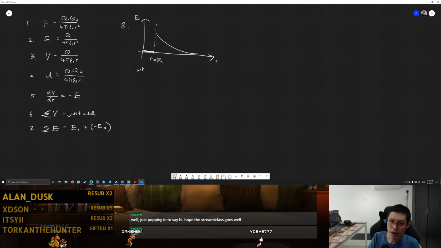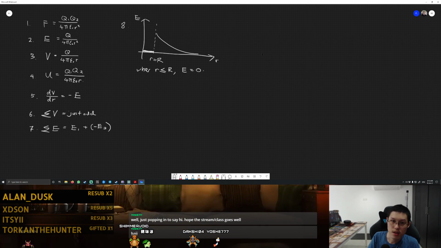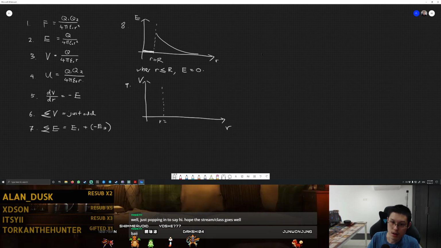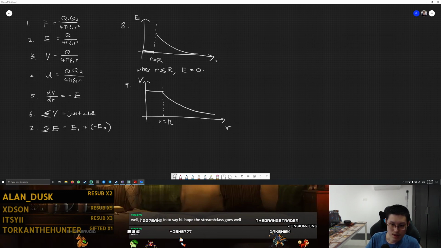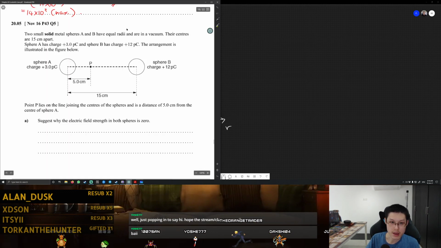So when r is less than or equal to R, E is 0. And then for electric potential, it goes like that, and then stays flat like this. Okay? All right, going back here.